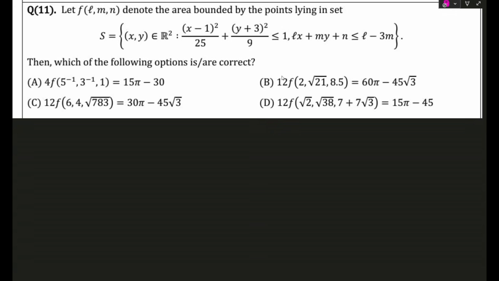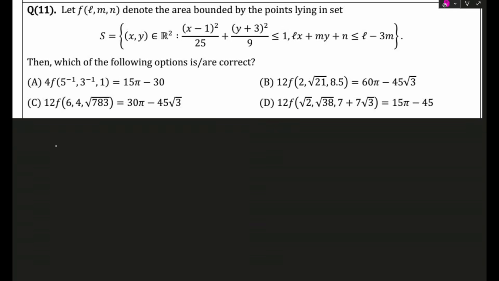Okay, so guys, let's start off. So basically, if you see, this is f, a function of L comma M comma N, denoting the area that is bound by the points lying in this set. Now, one equation is of an ellipse and the other equation is Lx plus My plus n less than or equal to L minus 3m. Basically, it's the equation of a plane.